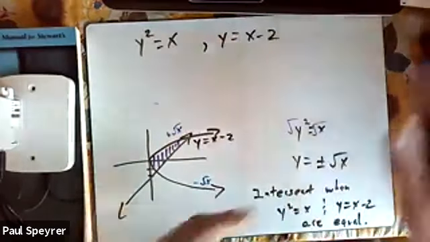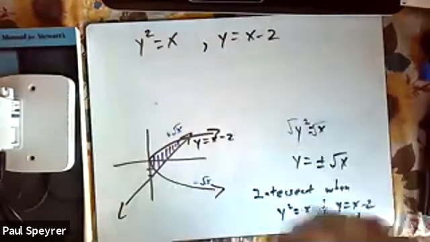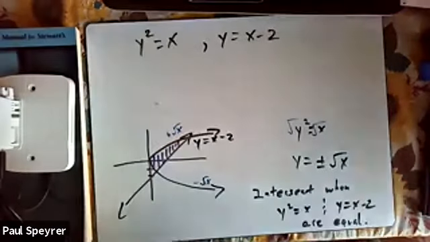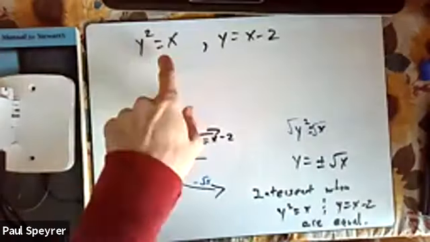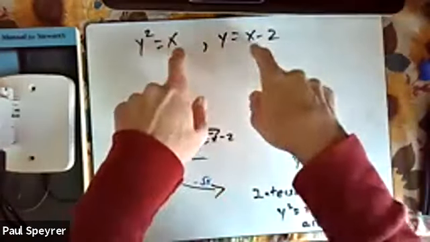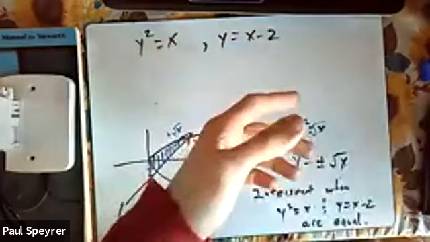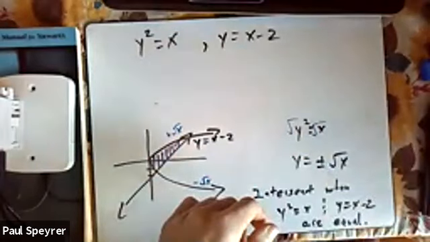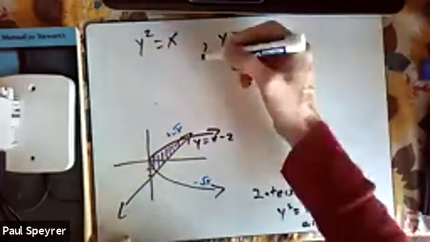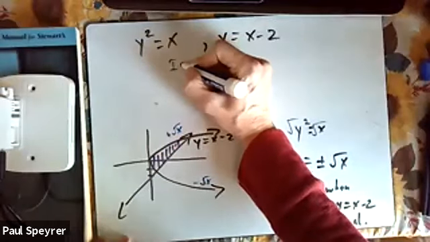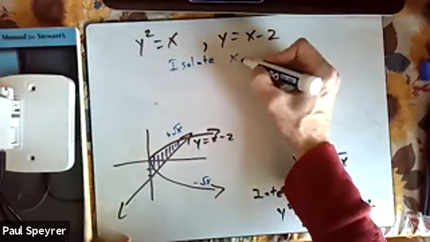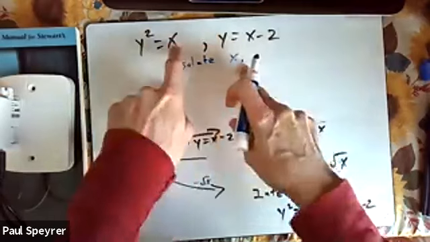So our equations must be in terms of y. How do we do that? Basically, we need to isolate x in both of these cases. This one's already isolated.